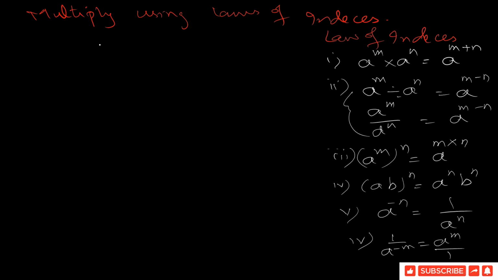Let's start with question 1. This one is 3x times 4x. Here you multiply these coefficients with each other. 3 times 4 is 12, and x times x becomes x power 1 plus 1, equals 12x power 2.